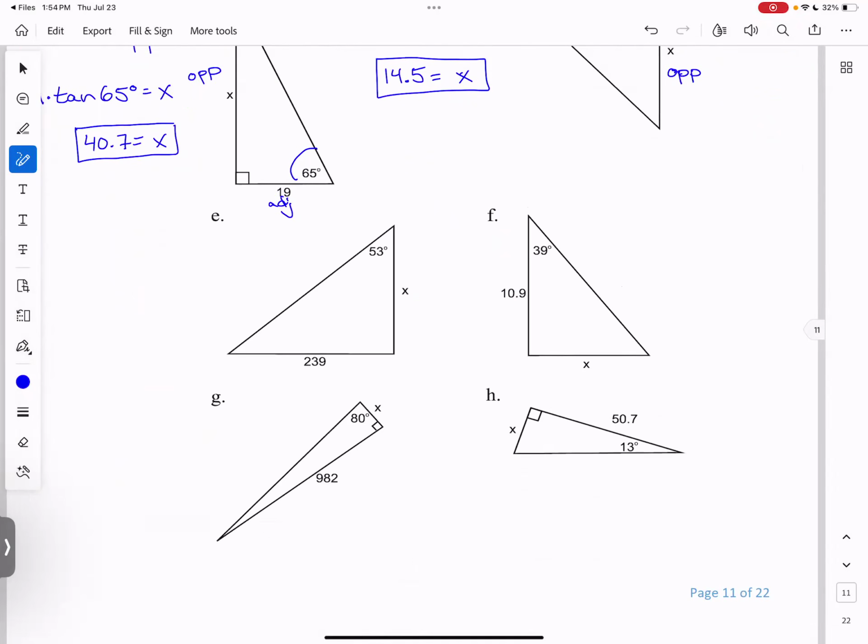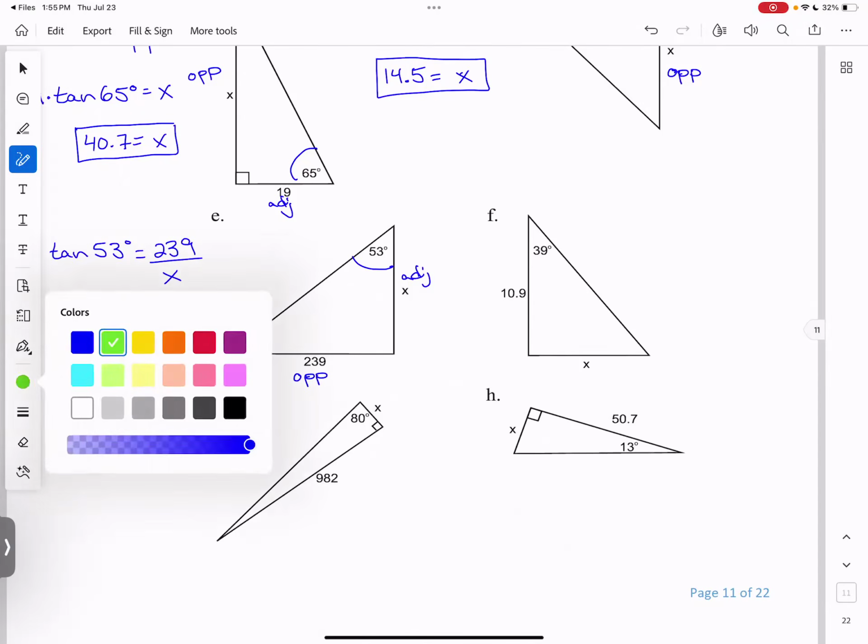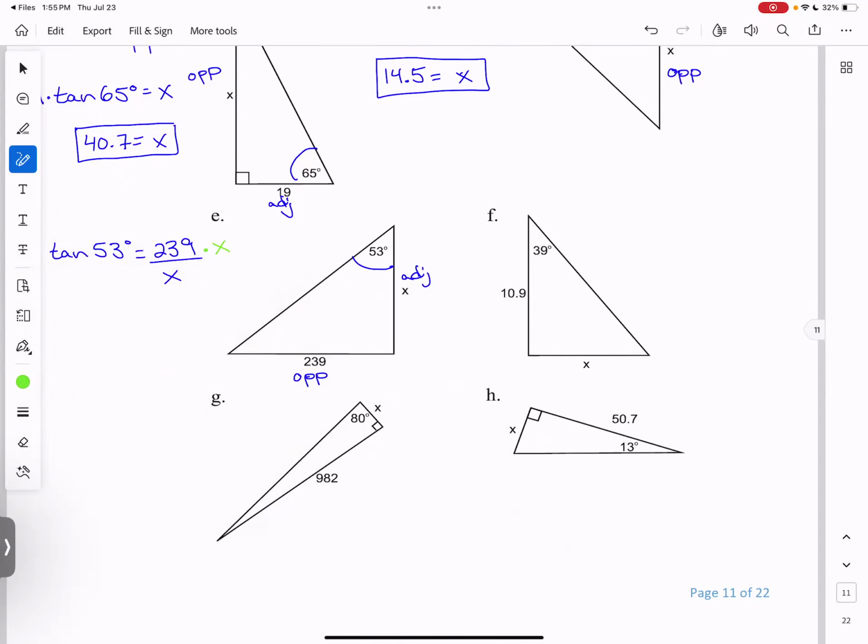Okay. Next one. So relative to this 53 degrees, we've got opposite here, adjacent with our x. So tan of 53 is opposite over adjacent, which is 239 over x. So I'm going to start by multiplying both sides by x.